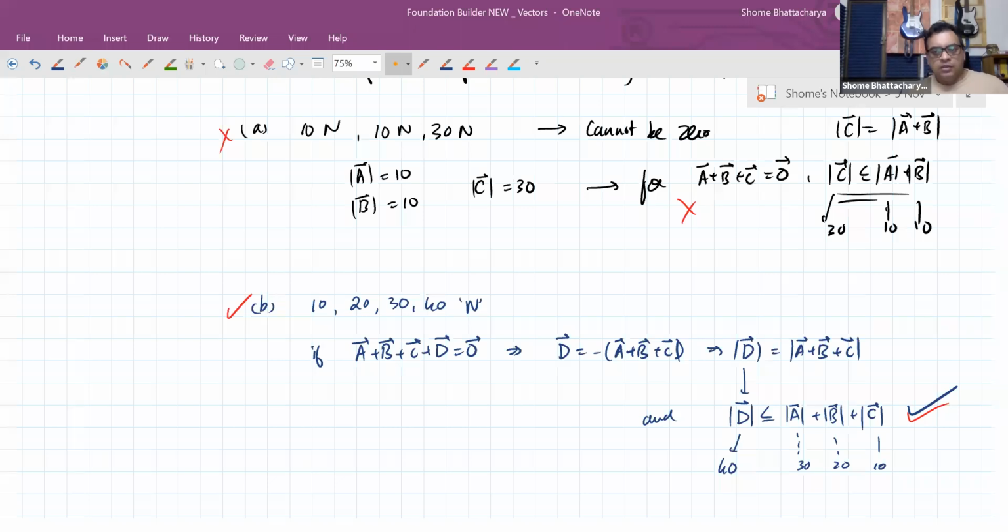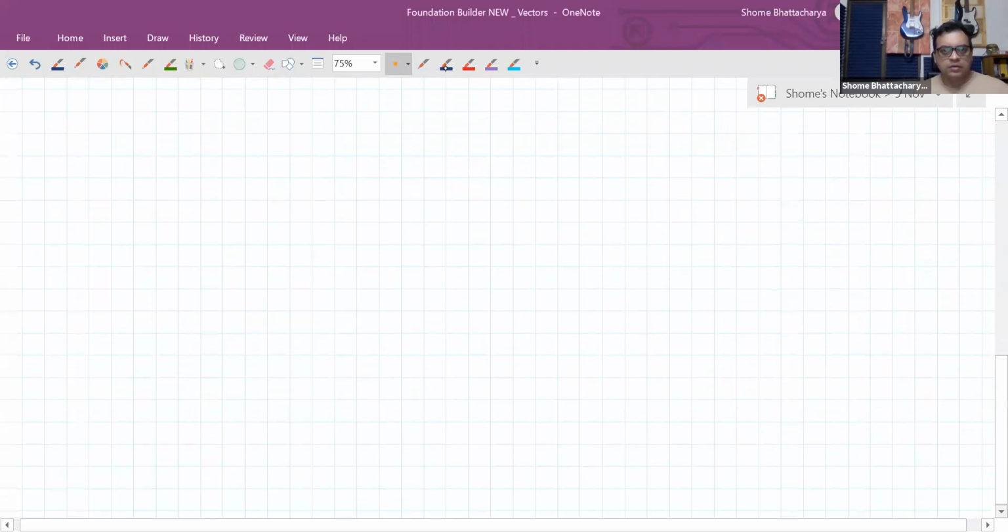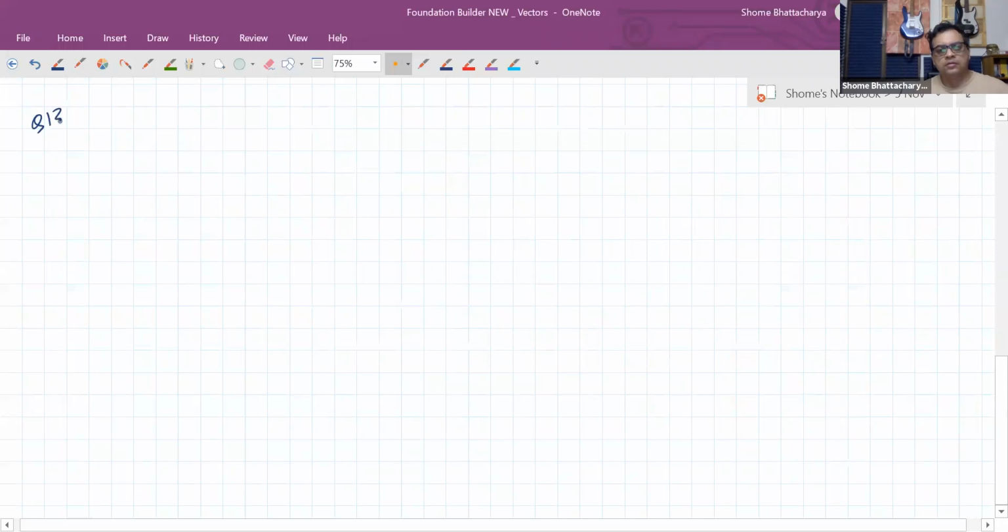Okay, fine. Let's move on to question 13. So in question 13 it is said that a particle starts from the point at t equal to 0. So at time t equal to 0, the position of the particle is given by the point 1 comma 0 comma 0.